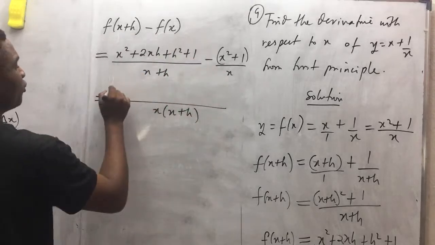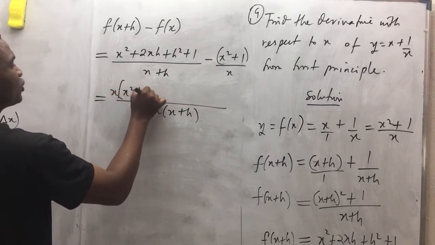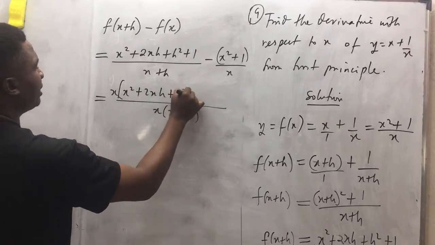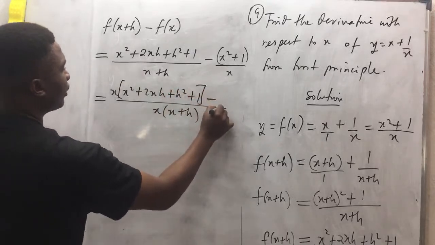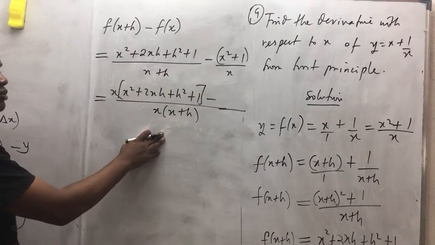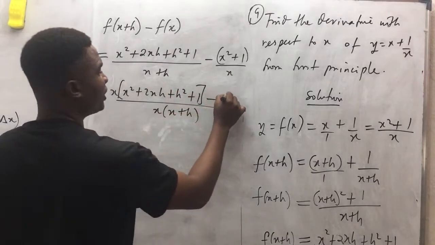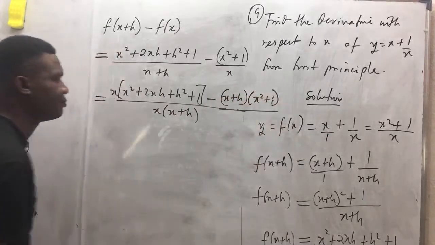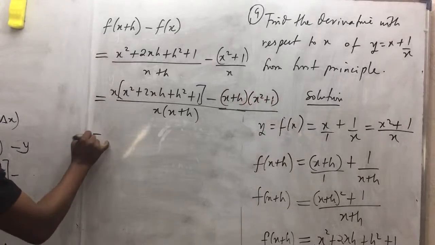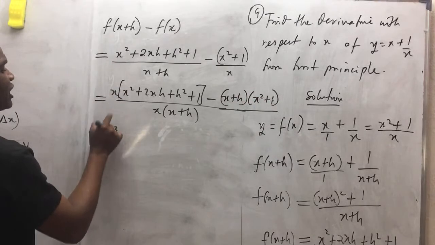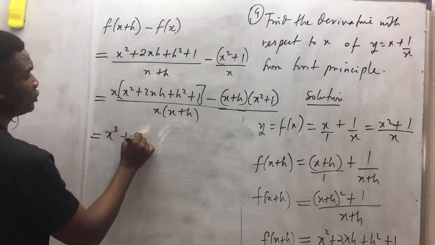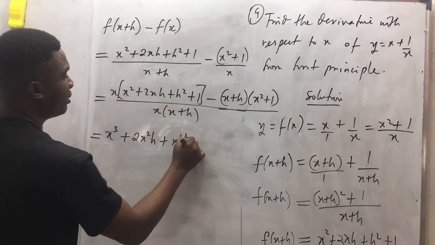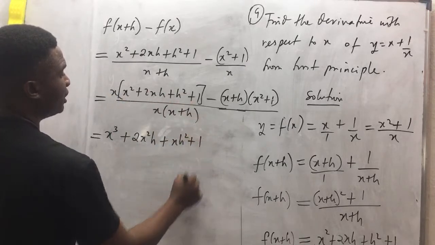Okay? Now this into the LCM gives x. X times this numerator will give you x in bracket x squared plus 2xh plus h squared plus 1, minus x into this denominator gives you x plus h. So x plus h times x squared plus 1 is what you have here. Okay? Now, you could simplify further by expanding. This gives x cubed plus 2x squared h plus x times h squared is xh squared plus x times 1 is x.